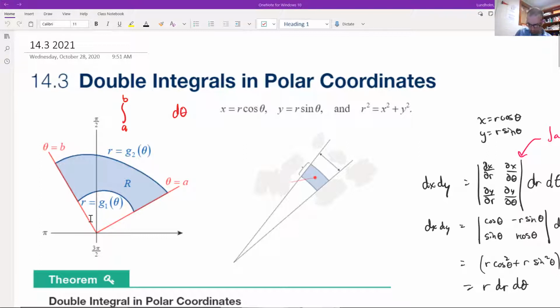Along that line emanating from the origin, the cross sections are going to go pop, pop, pop. And we're going to pay attention to where the cross section ends and where it begins.